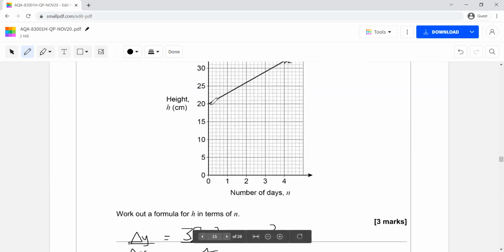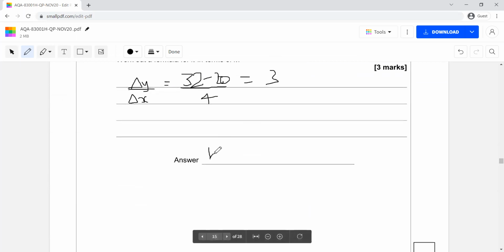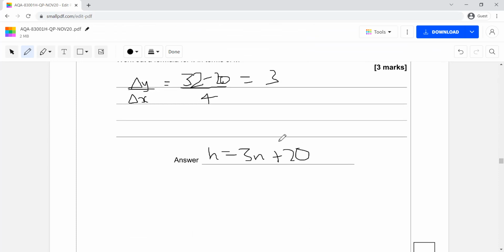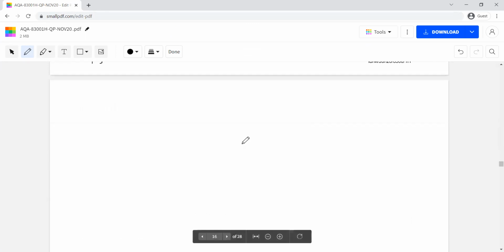And at the start, at 0 days, it's at 20 centimeters already. So our height is therefore given by 3n plus 20. And we can confirm this because 3 times 4 plus 20 is equal to 32. So you know that you're correct.